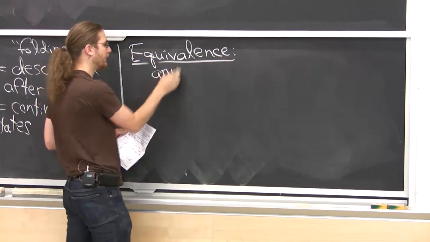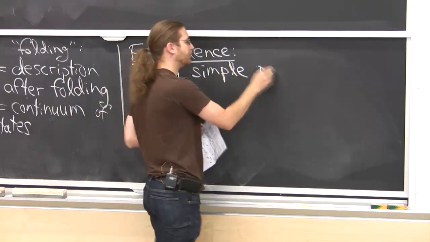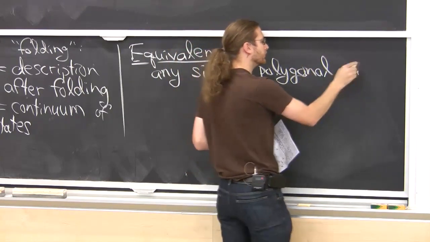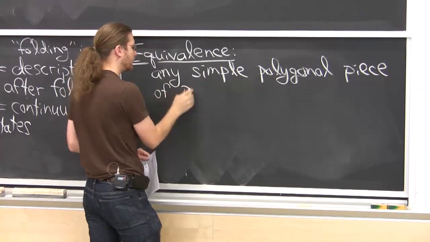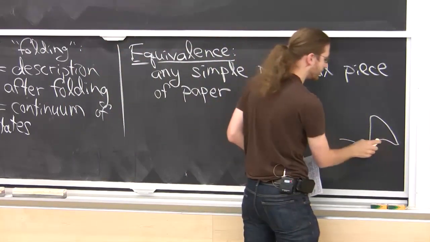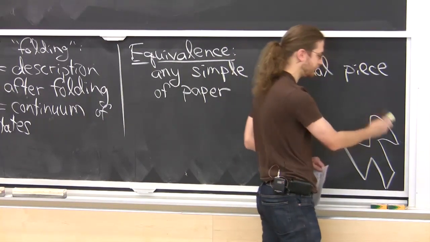So if you have what's called a simple polygonal piece of paper, that just means your piece of paper is some polygon, but it has no holes in it. It's sort of solid.